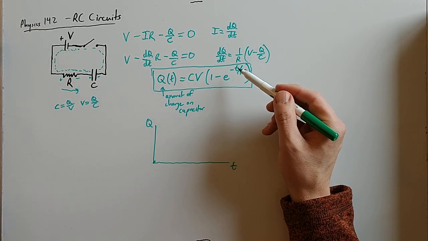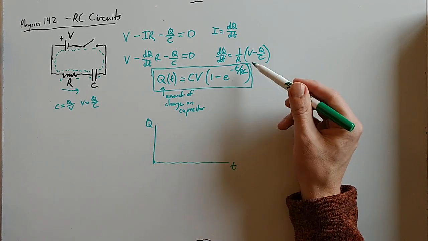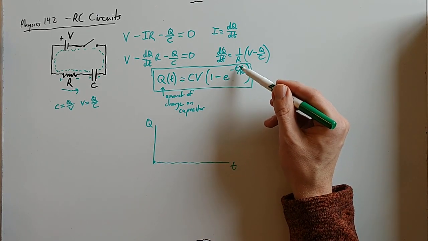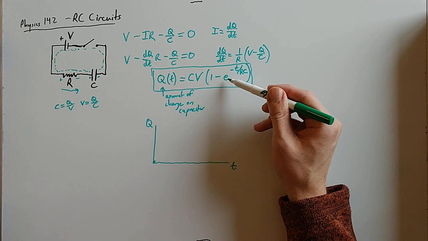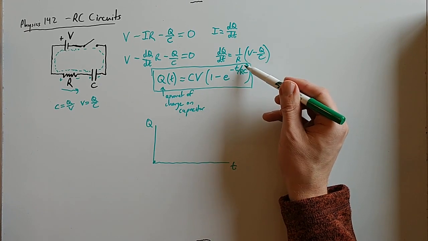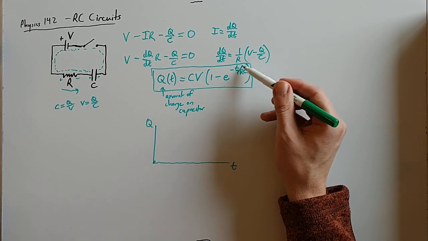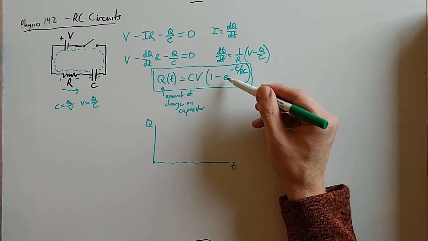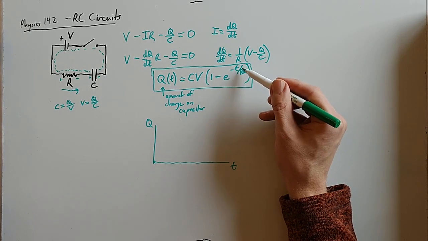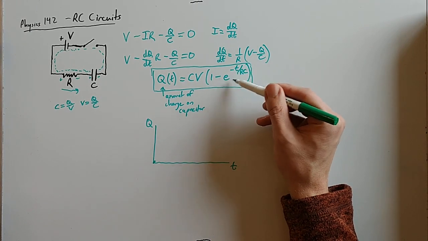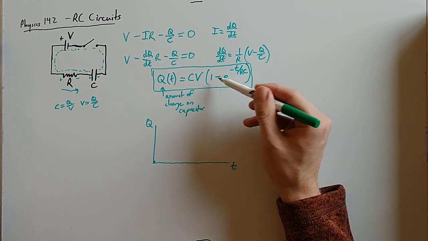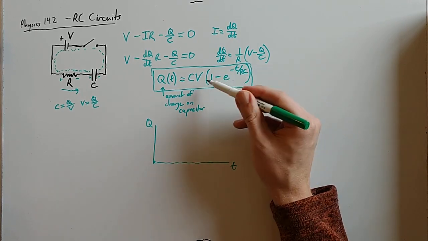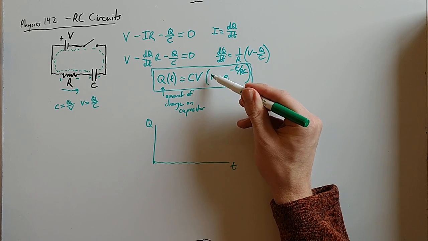But now if we think about a long time later, if we take t to be really, really big, an infinitely long time later, then we would have e to the minus infinity, or e to the minus a large number, which is very close to 0. And we get 1 minus 0 here, so we'd just be left with CV.